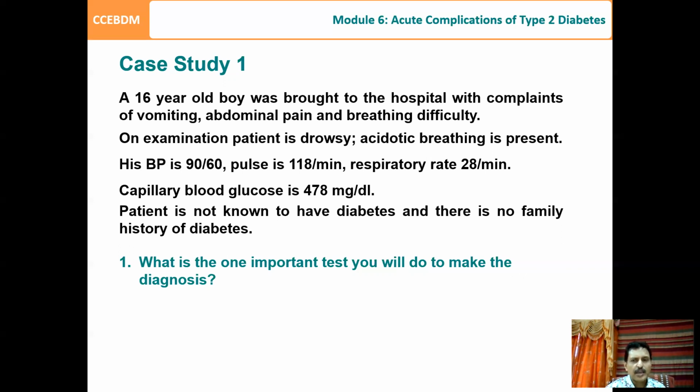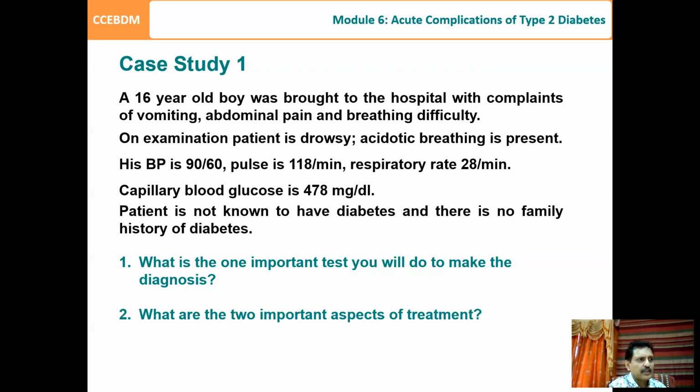You should keep urine ketone strips with you, and measure the urine ketone whenever the blood glucose level is very high, to understand whether the metabolic condition is decompensating or not. So this is the first important test we will do.